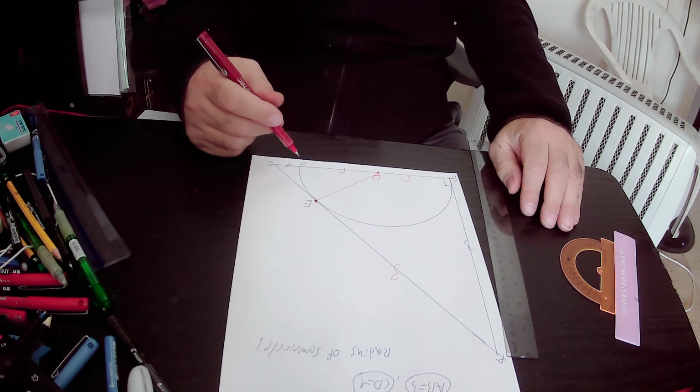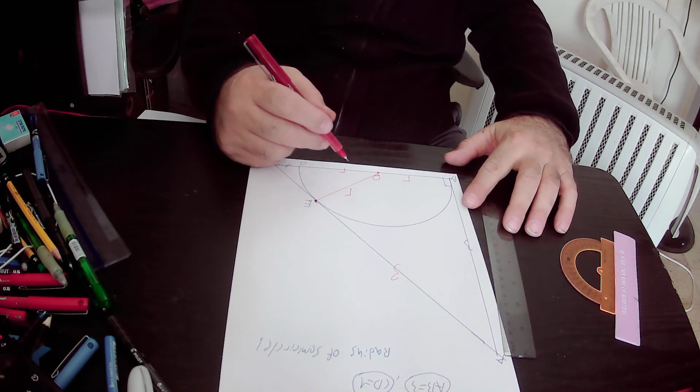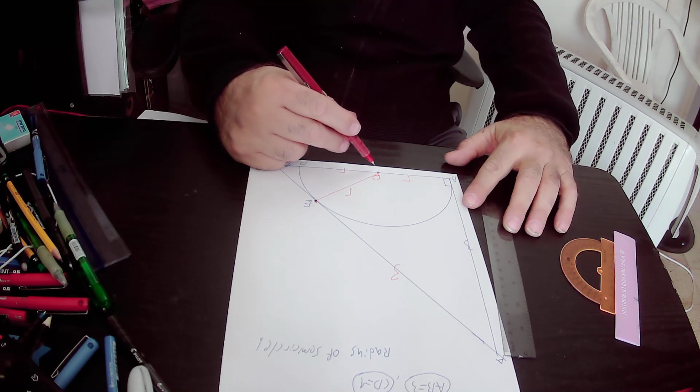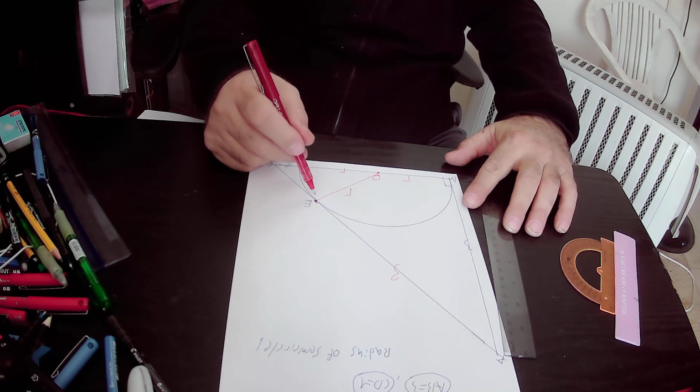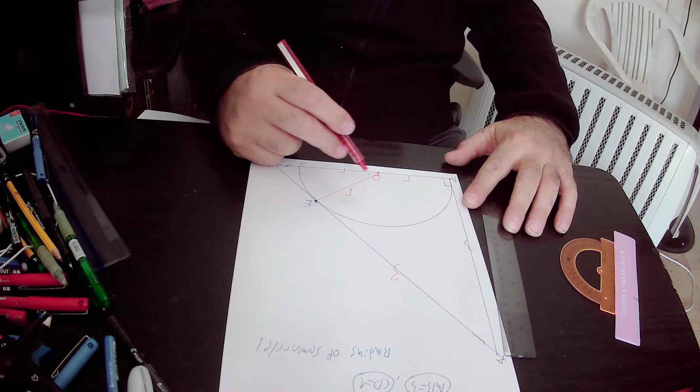Line segment OE is also the radius of this semicircle because it starts from the center, point O, and ends at point E, a point on the semicircle itself. Therefore line segment OE is the radius of this semicircle.